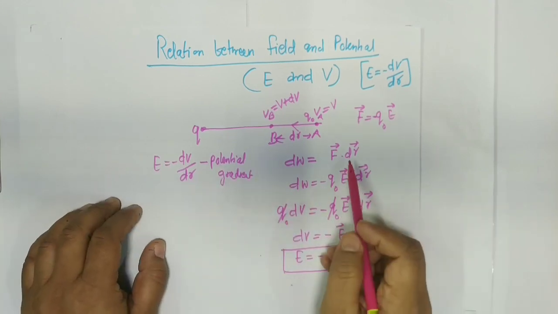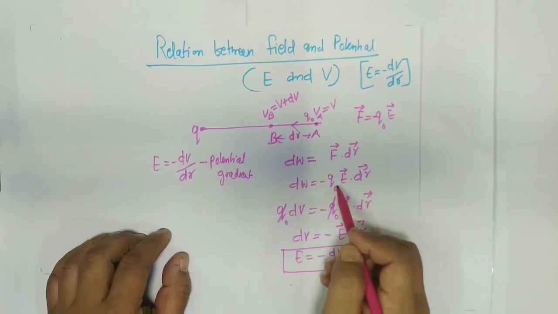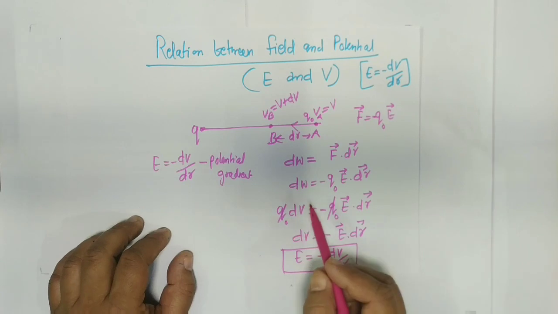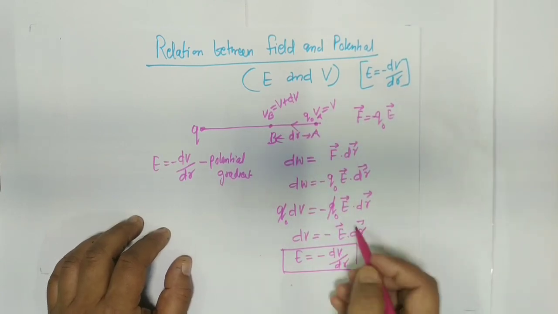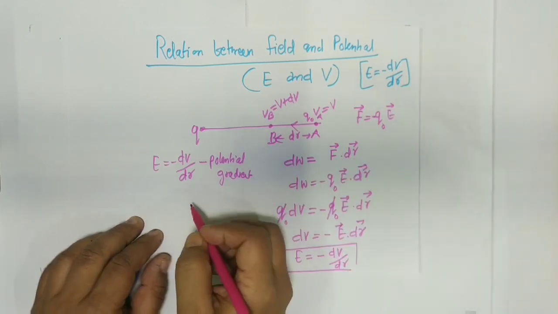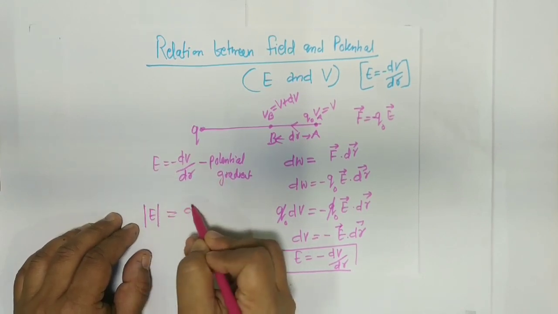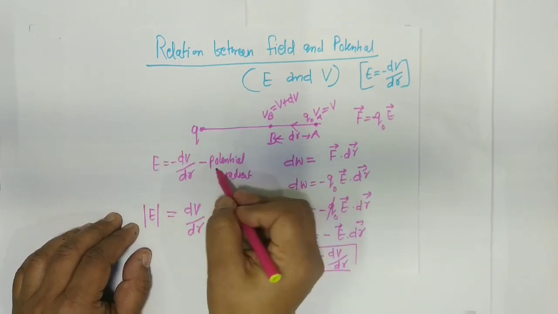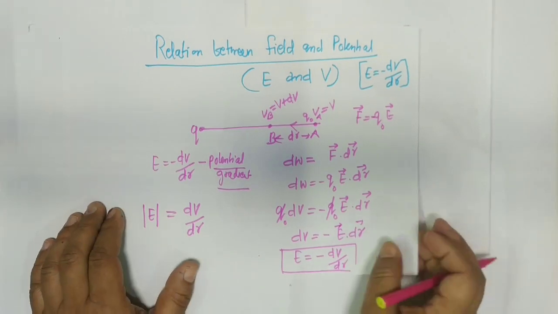So again repeating, dW is F dot dr, which is written as minus Q naught E dot dr, and this is the change in potential, that is VB minus VA. This is dV, and this can be written as dV by dr. And if you want to write it in magnitude, it can be written as dV by dr. So this is a very important relation between field and potential.